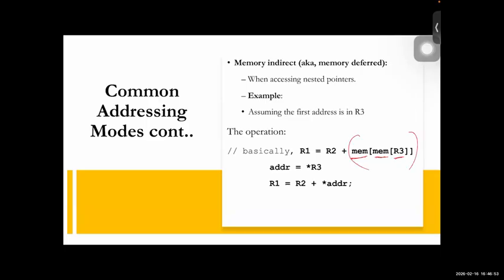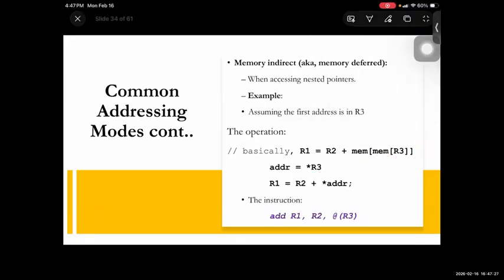So this part is computed as, the address is computed as star R3. So this one is R3 and that is having the memory. So this one is star. Then the instruction looks like R1 equals R2 plus the address only. But in the actual implementation, the instruction set architecture designed to execute such nested pointers is add R1, R2 with the address, the memory address of the address.